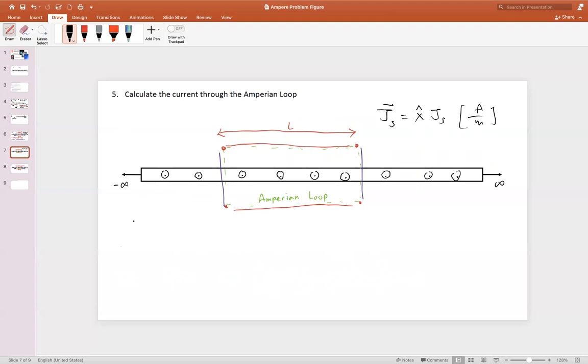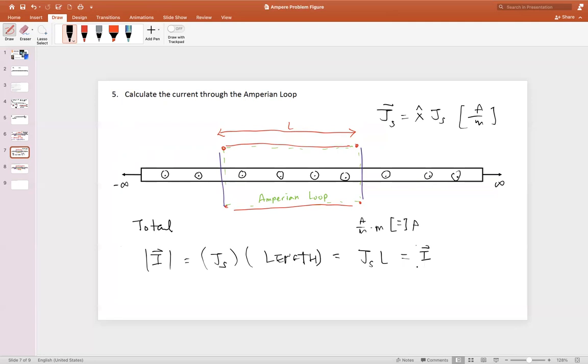And so the total current in this case can easily be found as the surface current multiplied by the length. Okay, and so this is just going to give us JS times L. And we can see that amps per meter multiplied by meters, the final result of this is in just amps.